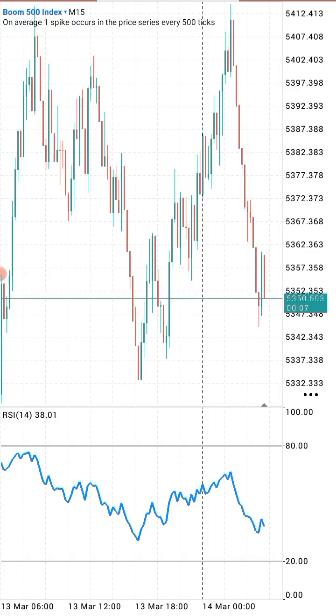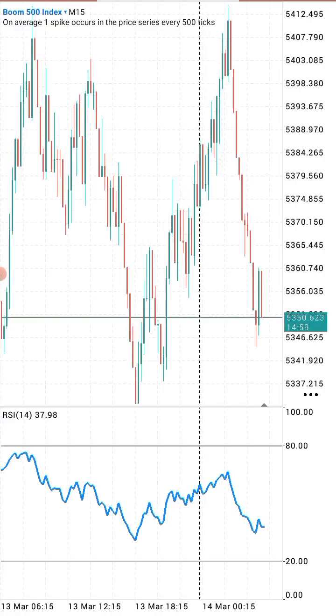This suggests that the market may reverse downward. You can also decide to use two of them, that is 70 and 80, 30 and 20, to help you get accuracy in your trading.